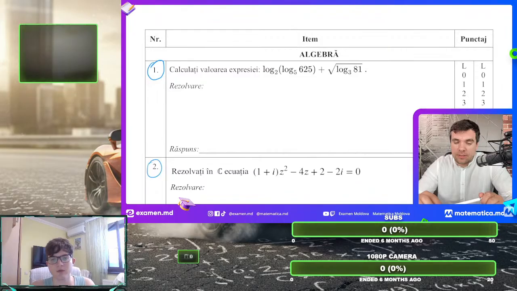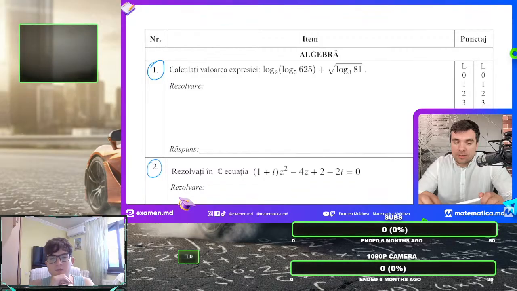LOG 5 of 625, so 625, I think it's 25 to the power of 2, and as it is 25 to the power of 2, we can write it as 5 to the power of 4, so LOG 5 of 5 disappears, so all that will remain there is LOG2 of 4, so that's LOG2 base 2 to the power of 2, so all that remains is 2 right there.